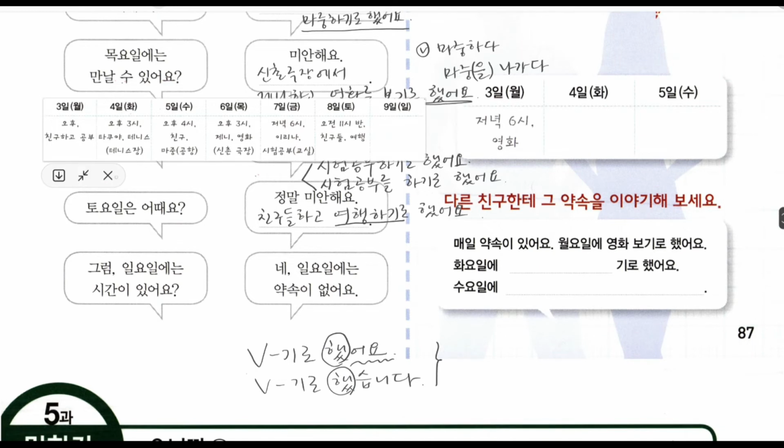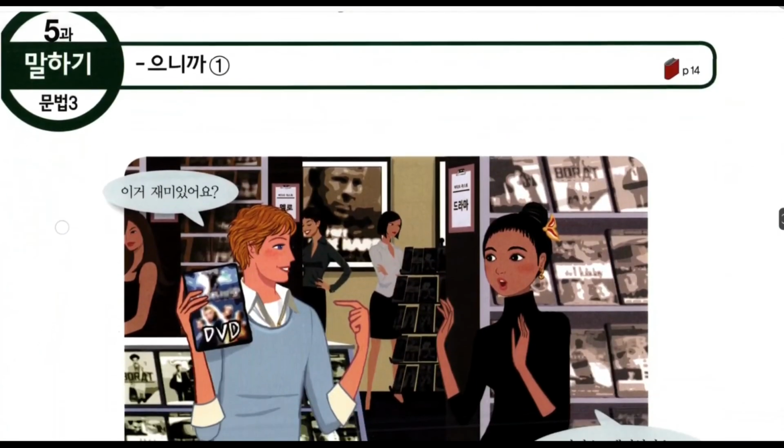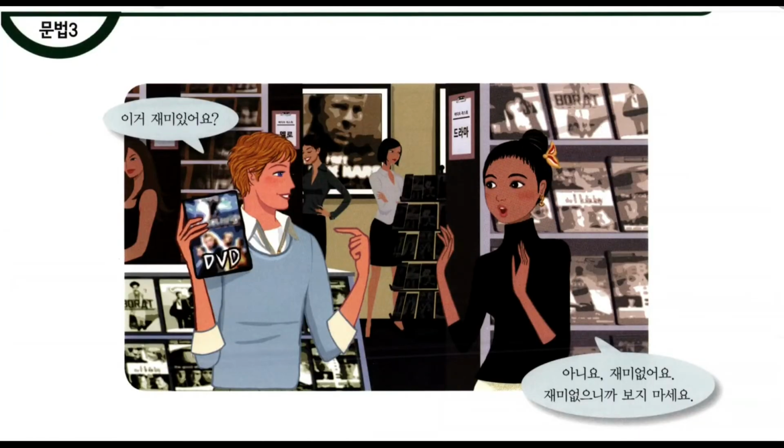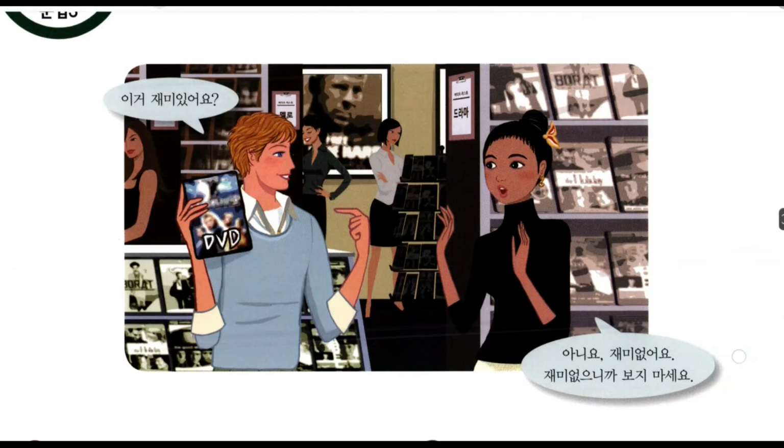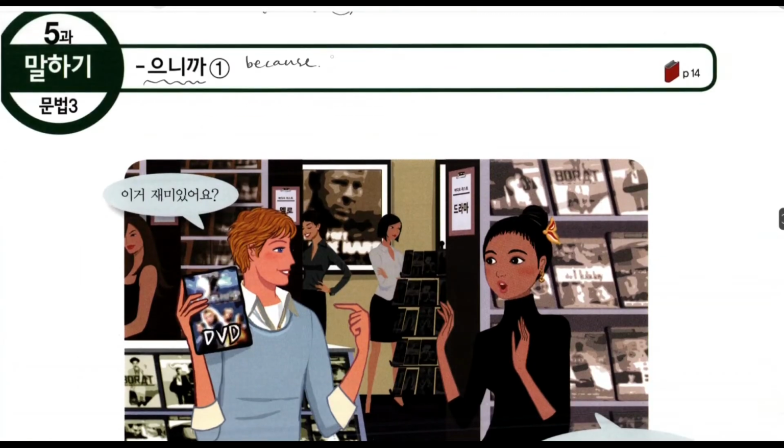자, third one 갑시다. 문법 3. Grammar point 3. 자, 으니까 this is basically because dialogue. 이거 재미있어요? Is it interesting? 아니요, 재미없어요. No, it's not. 재미없으니까 보지 마세요. 자, I'm going to divide it here because anyway, this is connective ending.